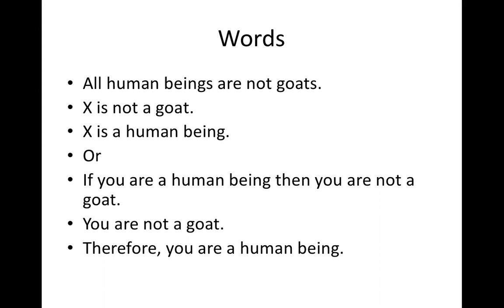Okay, so let me answer that. Now, it is true that all human beings are not goats. That is true. So if X is not a goat, does it mean that X is a human being? We don't know what X is.